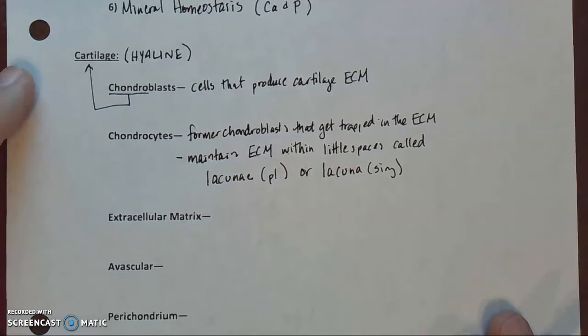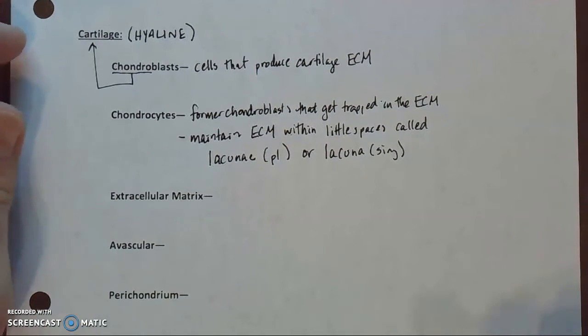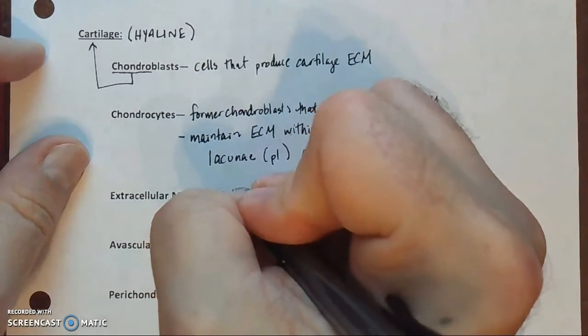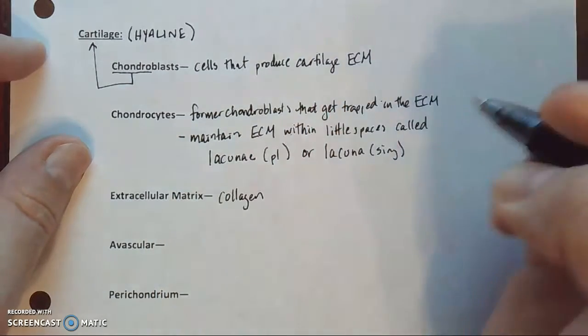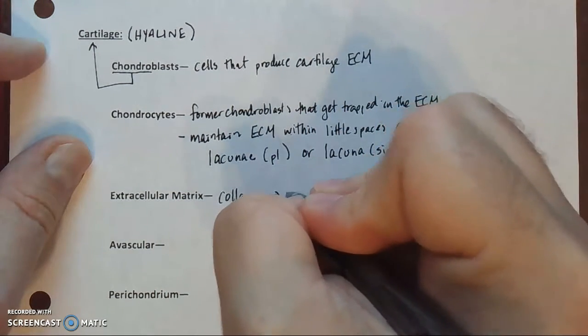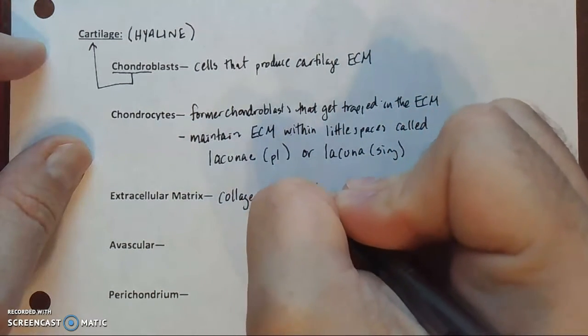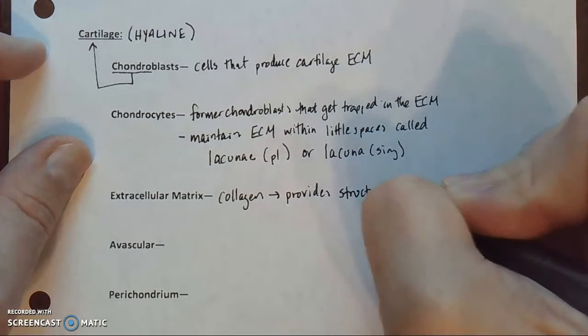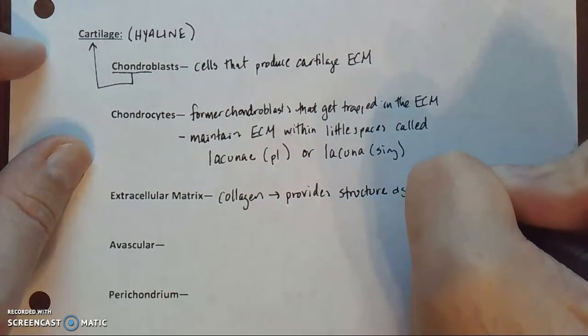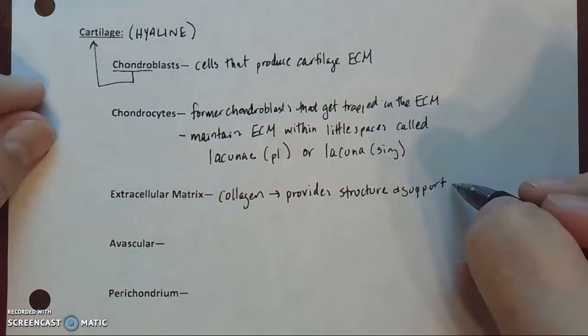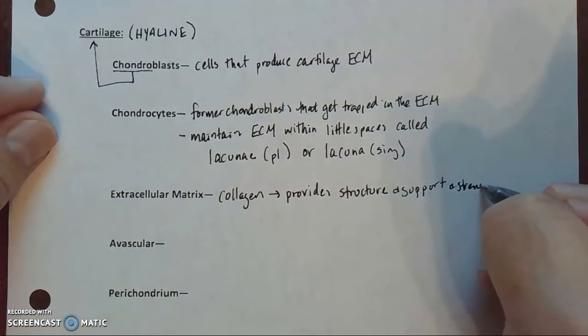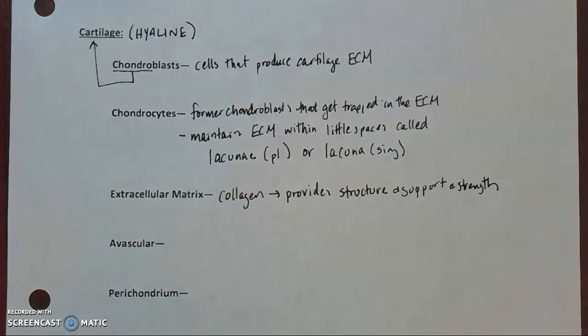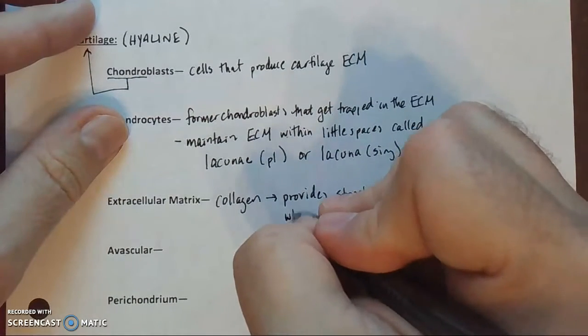Now the extracellular matrix of cartilage is mainly collagen for hyaline cartilage because it provides structure and support and strength, but it's still not as hard as bone, so there is some flexibility.